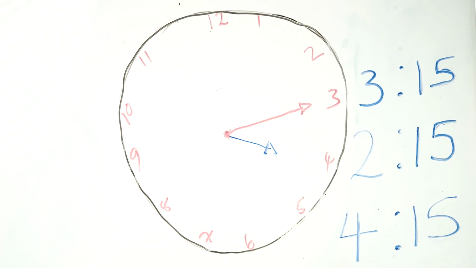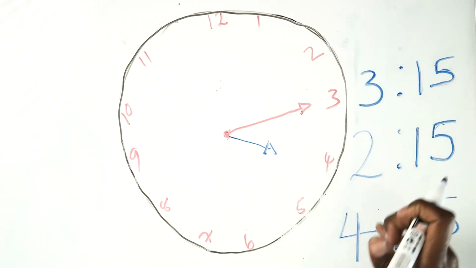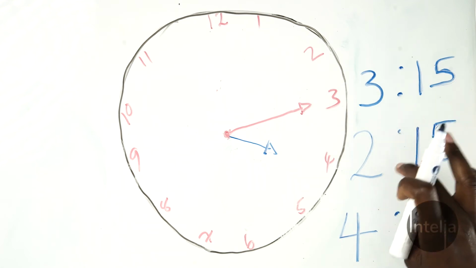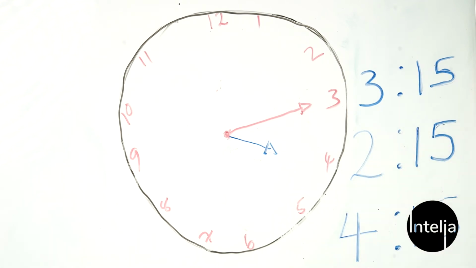So this is the 3, the 2, and the 4. These are the hours, and then these 15 numbers to your right here, these are minutes. So always put these 2 dots in between the hours and the minutes. So basically that's how you define the 4:15. So let's move on.